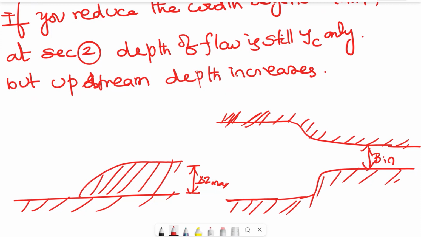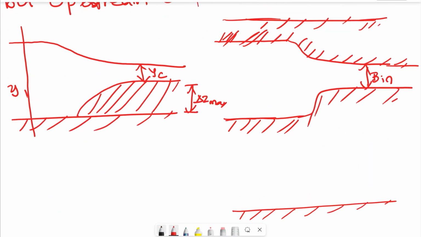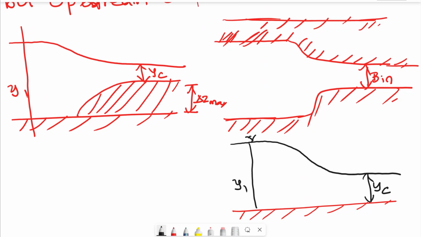Under these two circumstances, this depth remains Y1 only, but this becomes YC. Here, if I draw, the depth remains Y1 only, this becomes YC. So this is generally the condition.